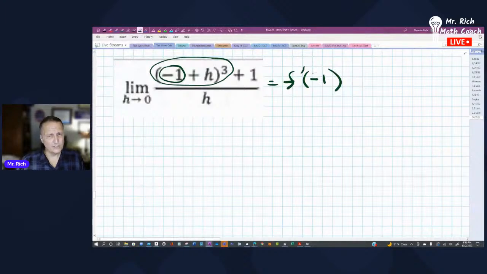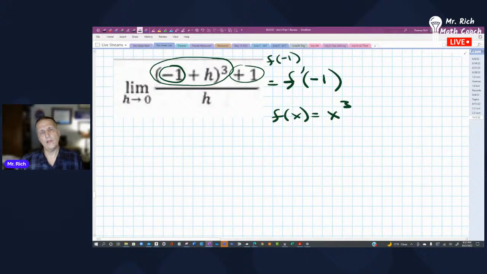So it looks to me as though the f of x function that would have created this limit definition of a derivative would have been x cubed. Okay, and that kind of makes sense here because this plus 1 would have to be f of -1.